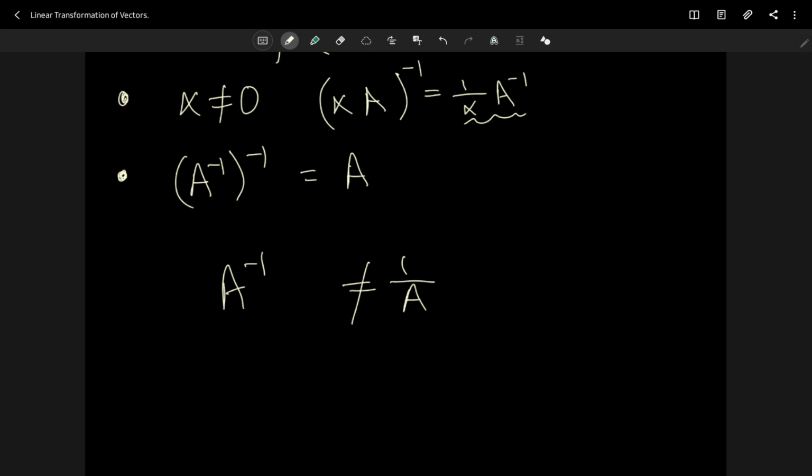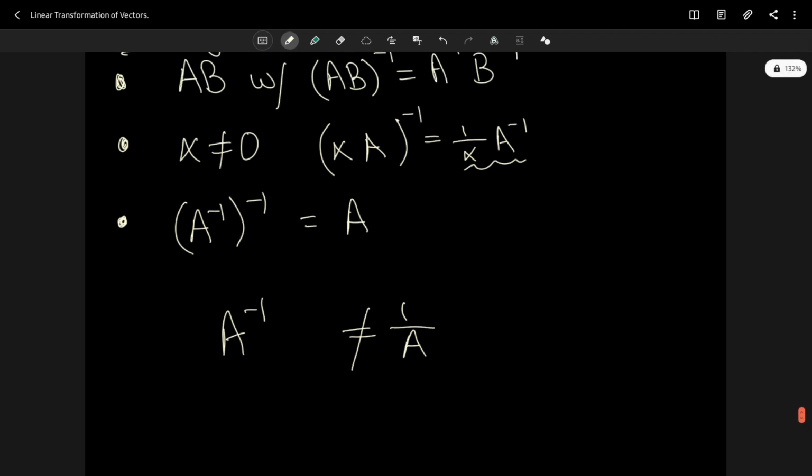Of course, it is true for numbers, that is, here when I talked about this thing where alpha is just a scalar or a number. It is true, but it generally is not true.